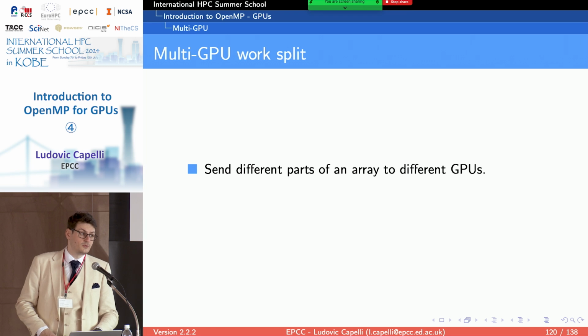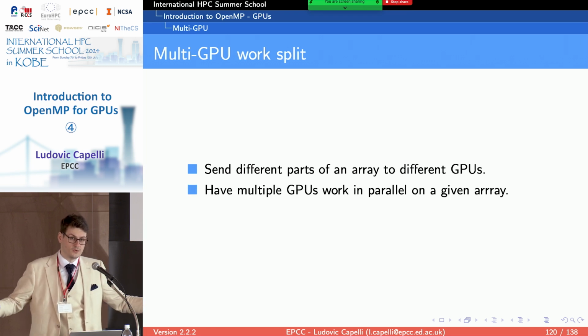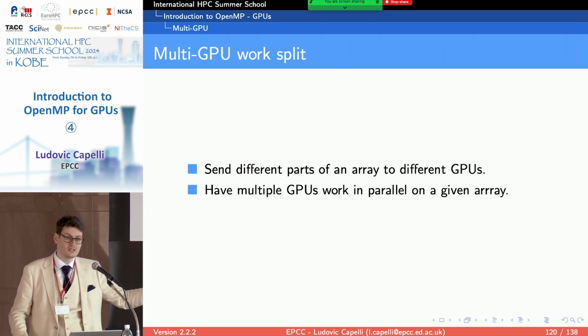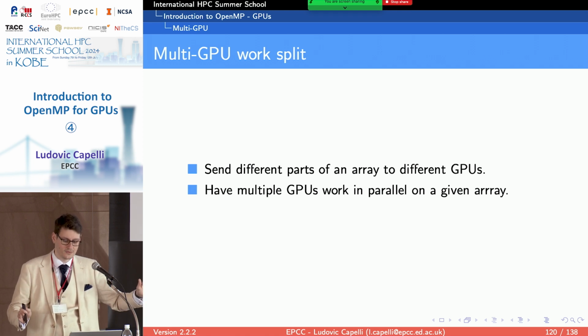You may want to use multiple GPUs if you start to split your workload. Let's say you have really massive arrays that you just can't process on a single GPU. The same way, we use multiple nodes in the first place because single nodes are not able to have enough memory or computational power. It's the same thing.